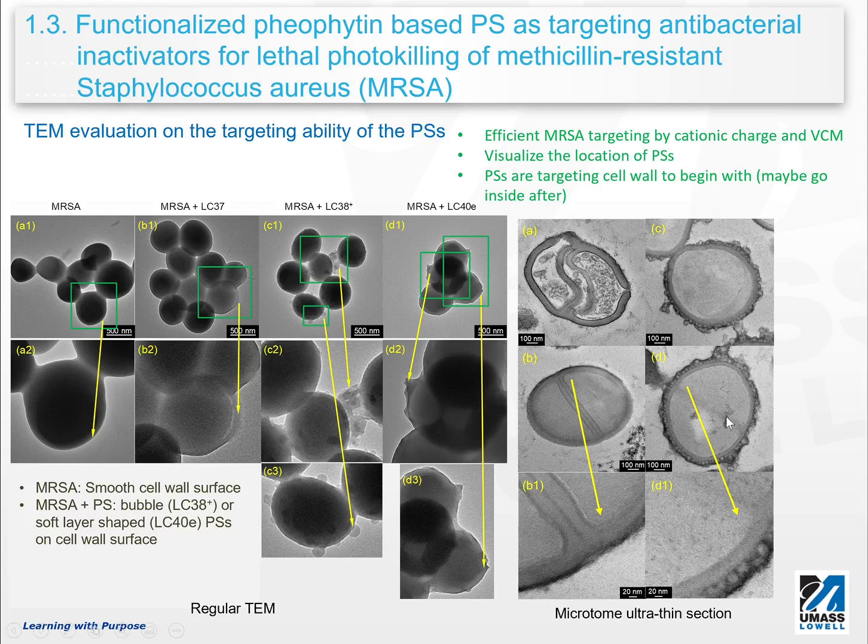For example, we do see some black shades here, but we can't say this is our drug, because there can be some biological material inside of the MRSA cell. But one thing we can make sure is our LC40E has a very efficient targeting ability, and they target around the cell membrane.